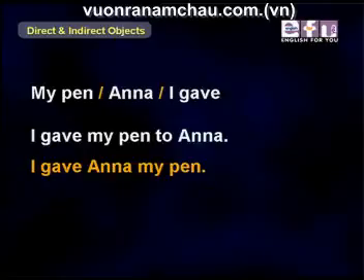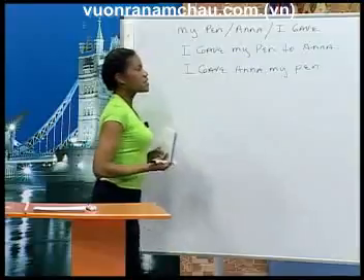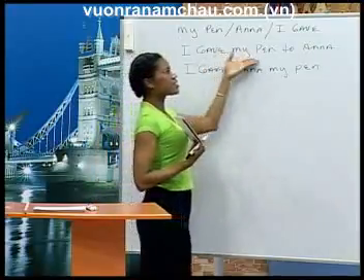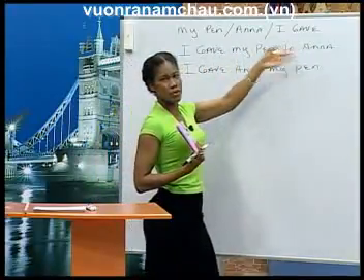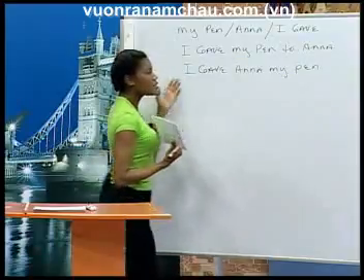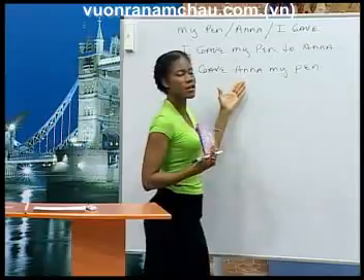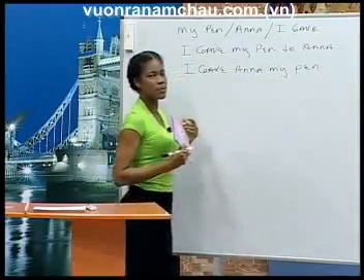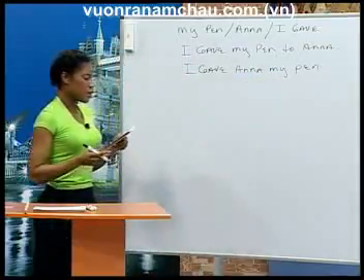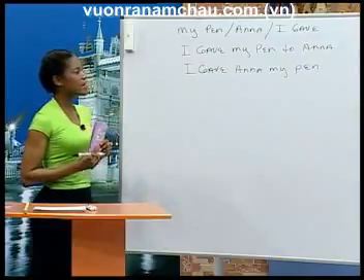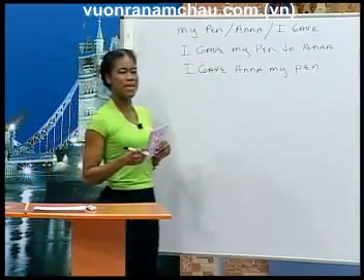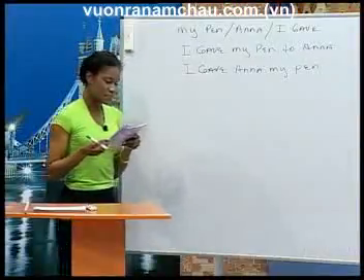I gave Anna my pen. So the first sentence puts the direct object first and then the indirect object. The second sentence changes places. So you have your indirect object first and then your direct object. All right, Alberto, can we say I gave Anna to my pen? No, that's very funny. Okay, good.